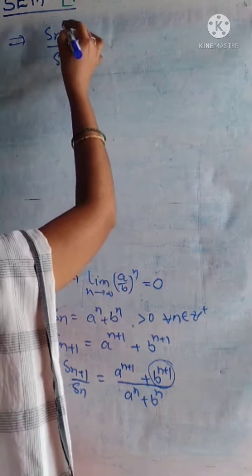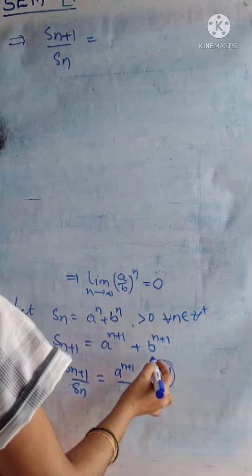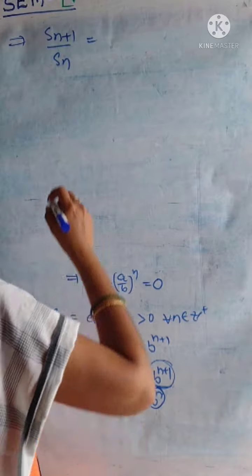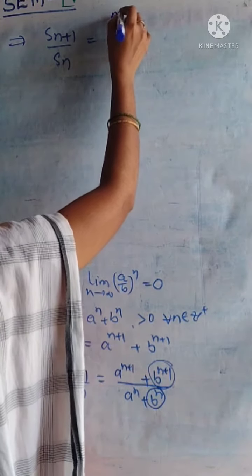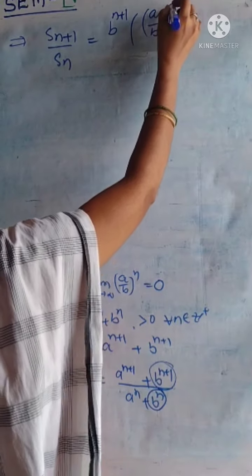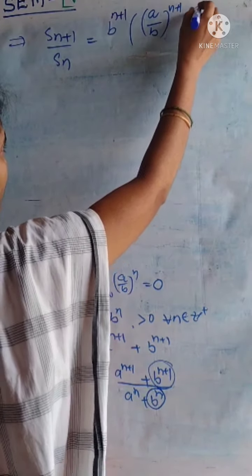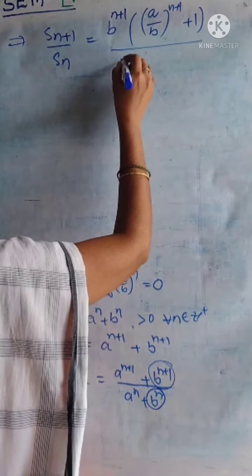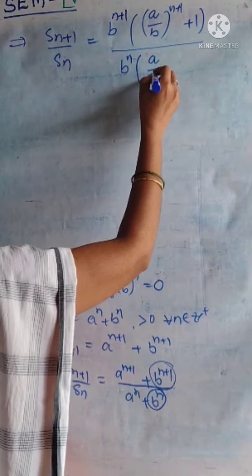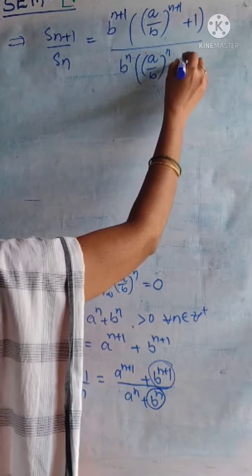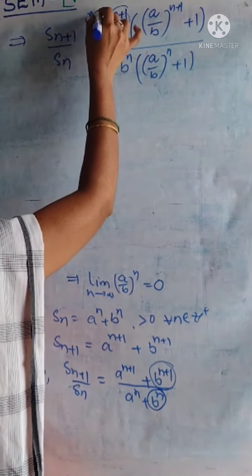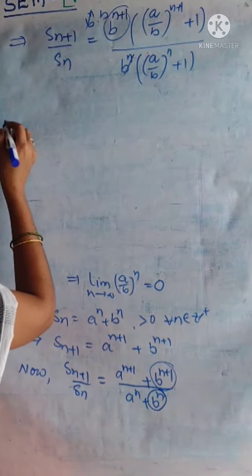Let us simplify the value of S(n+1)/Sn. Take b^(n+1) common in the numerator and b^n in the denominator. We get (a/b)^(n+1) + 1 in the numerator. In the denominator we have b^n times ((a/b)^n + 1). The b^n terms get cancelled.